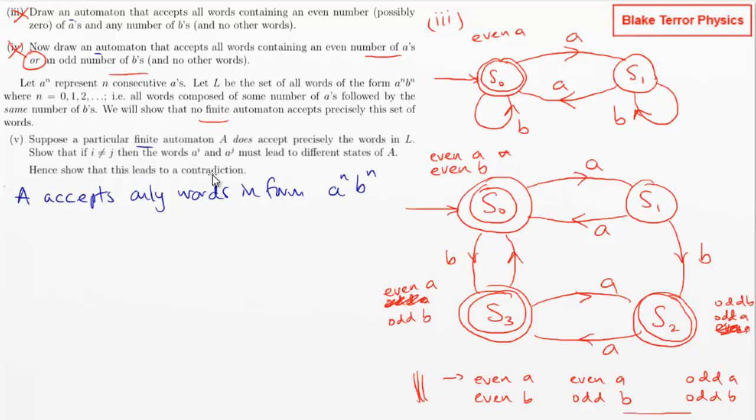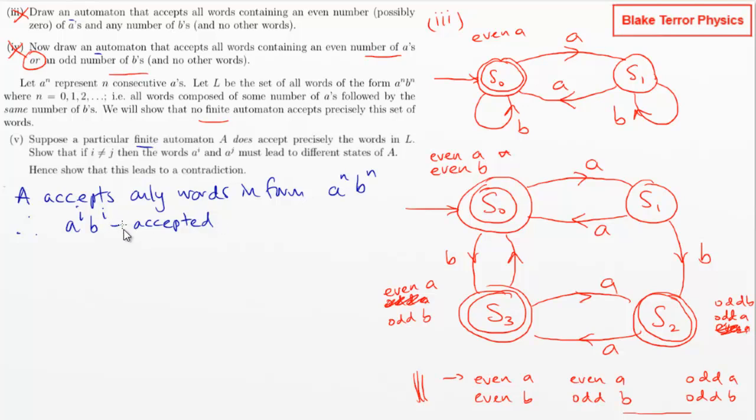Show that if I is not equal to J, then the words A^I and A^J must lead to different states of A. So we've got an A^I and an A^J. We've got A accepts only words in that form. So A^I B^I is accepted, and we want them to lead to different states.